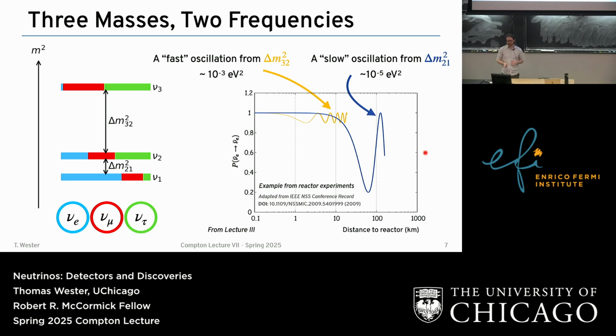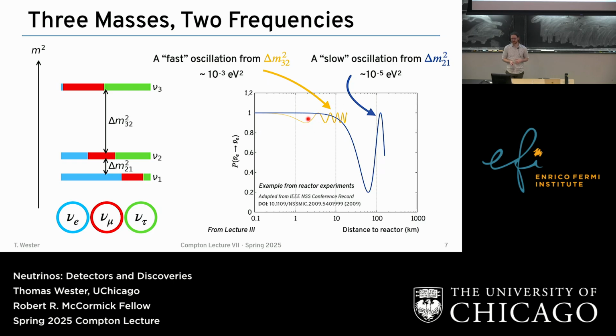But you have this yellow line here corresponding to a fast oscillation frequency, which I'll put in quotes because fast is kind of relative. But then there's also a much slower oscillation frequency in this blue curve. And so if you put your detector around this 1 kilometer mark, what you'll see is really the effect of just the larger, the faster of the 2 frequencies.